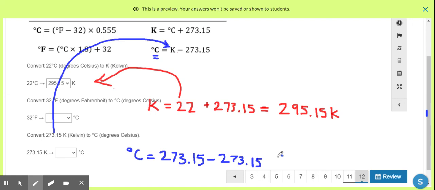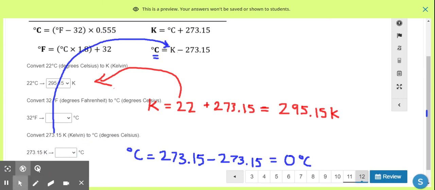Okay, well, 273.15 minus 273.15 gets me 0. This is 0 degrees Celsius. Okay, so 0 degrees Celsius in Kelvin is 273.15 Kelvin. So let's make sure that answer's in there. Hey, there it is. 0.